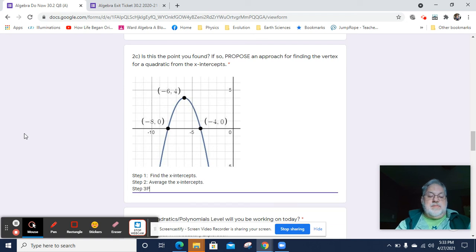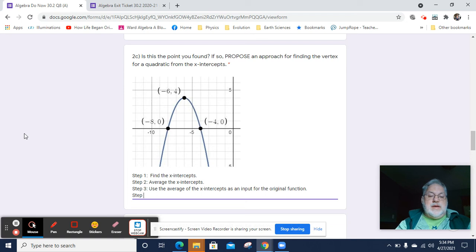Step 3, use the average of the x-intercepts as an input for the original quadratic function.